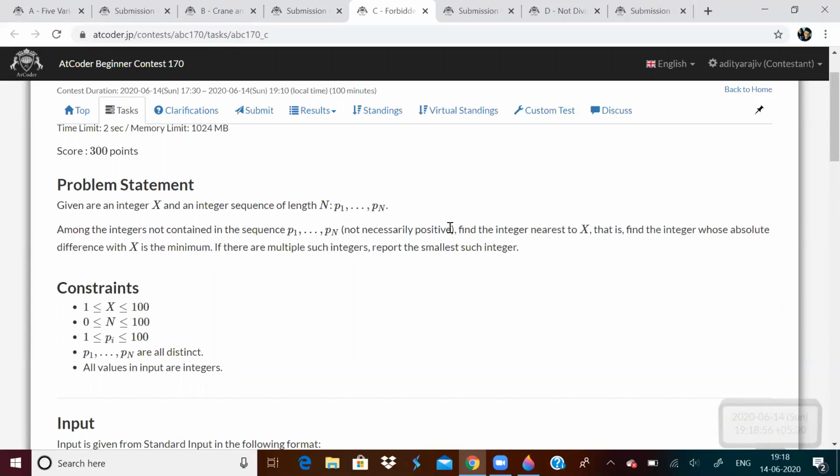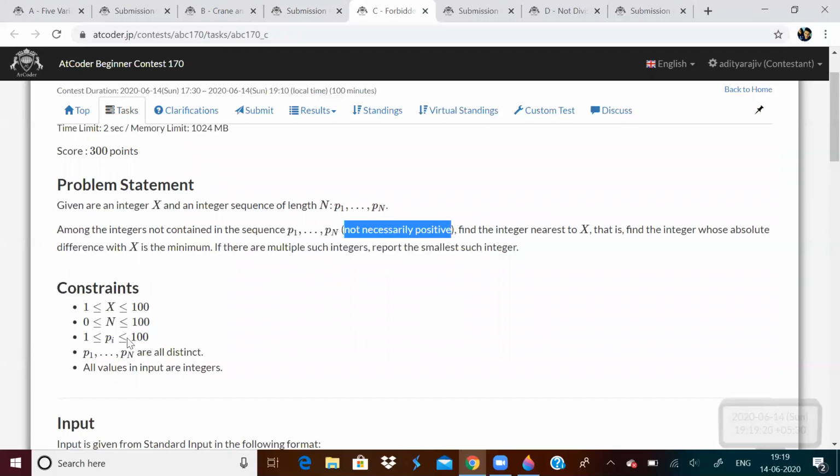We need to find an integer nearest to x such that the absolute difference with x is minimum. And if there are multiple such integers, we need to report the smallest integer. One thing to be careful about is it need not be positive. It can be negative or 0 also.